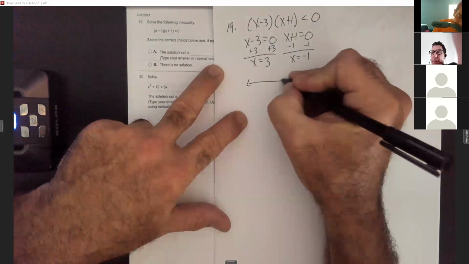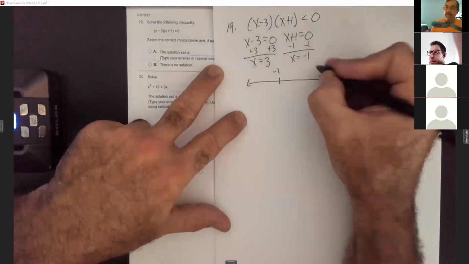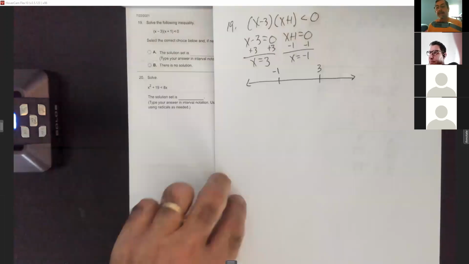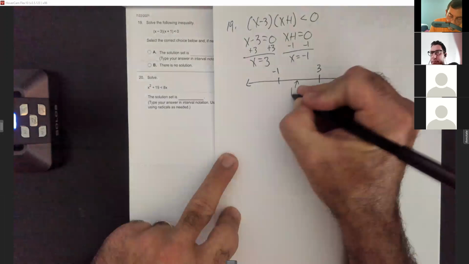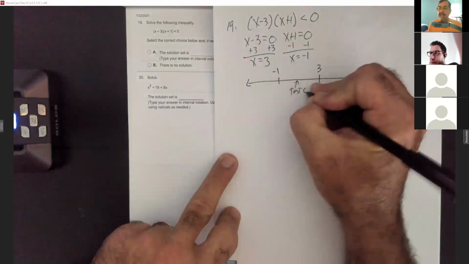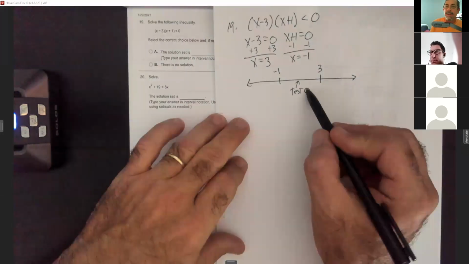All right, so I would make me a number line. -1 would be here, 3 would be here. So you got to pick a test point. So I always pick 0, because 0 is the easiest number I can plug into stuff and get solutions out of. So we're going to test 0, which is in between -1 and 3.